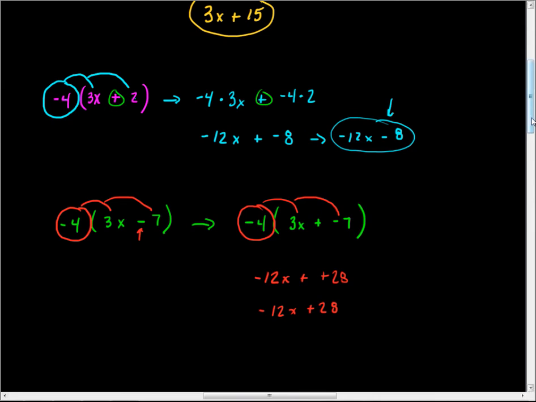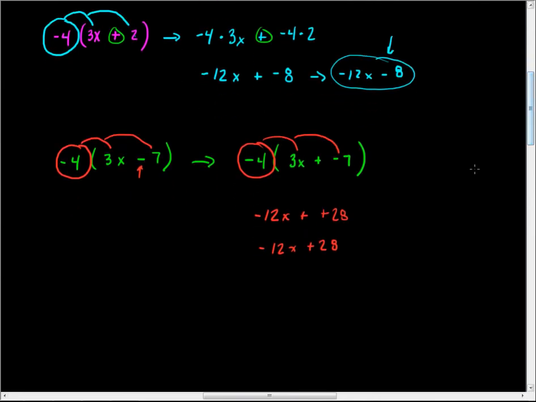So in practice, what do you really do? Okay, we've gone through all this stuff, and now we've done it the proper way. So how do we really do it in real life? All right, well, here's real life. Let's take this last problem here. In real life, we're simply going to grab that first number and distribute it to the first and second numbers inside the parentheses. Then, when we multiply, we're going to include whatever sign is out front, and we're going to use that sign as the actual operation.